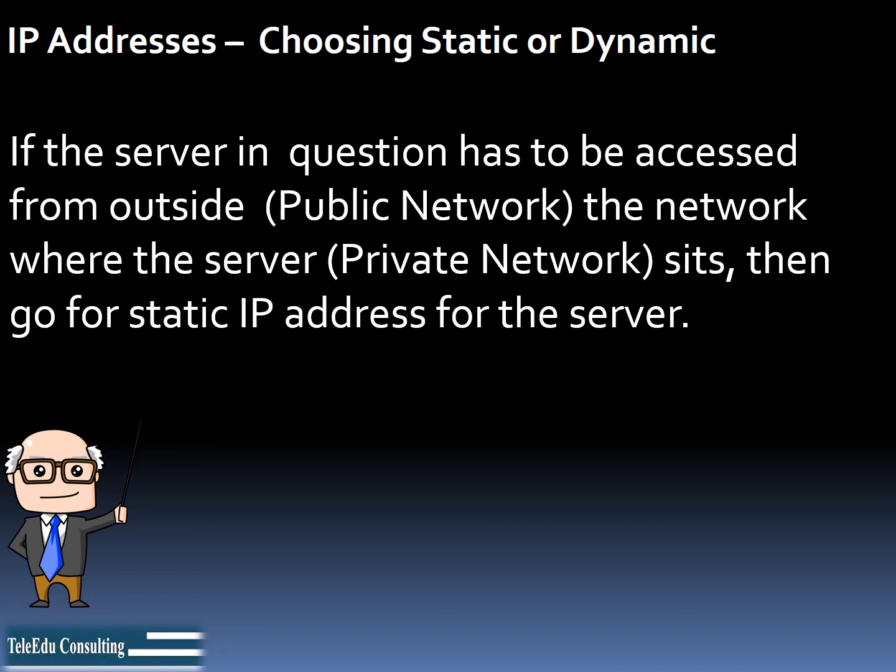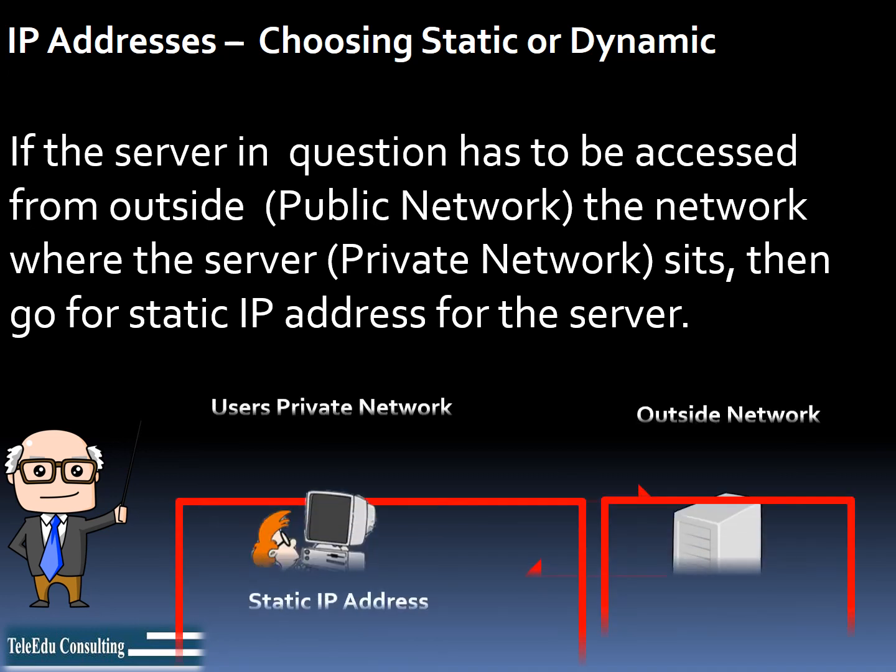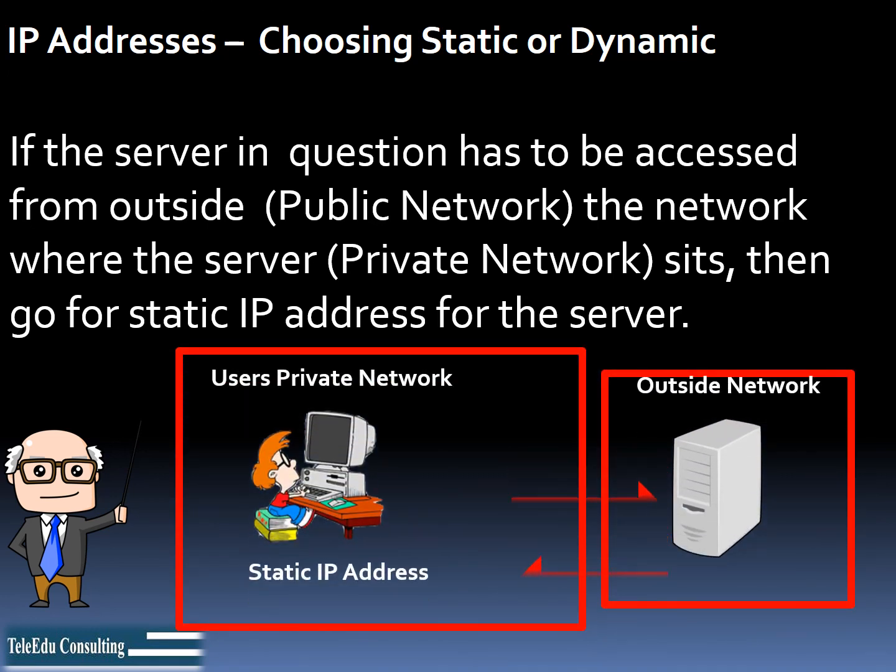It's the same as if we have to reach a particular destination. We can only succeed in reaching that address if the address is fixed, that is static, and correct. As shown in the slide, the user can access the outside network from his private network, that is his computer, and can access his computer from outside his private network. So both sides the communication is on. This is the advantage of having a static IP.